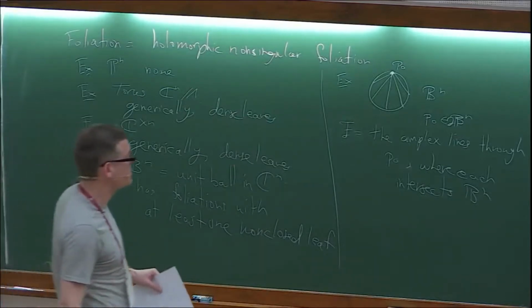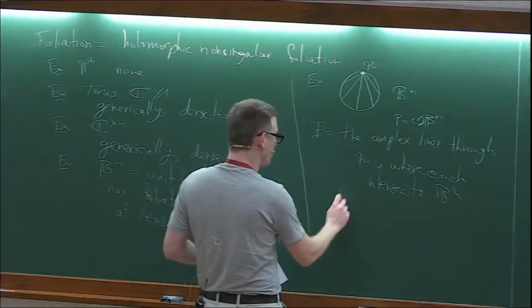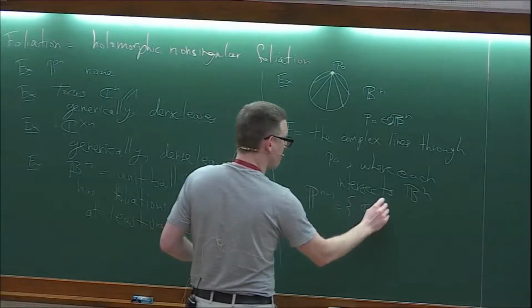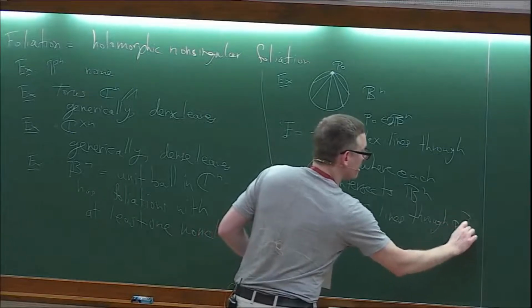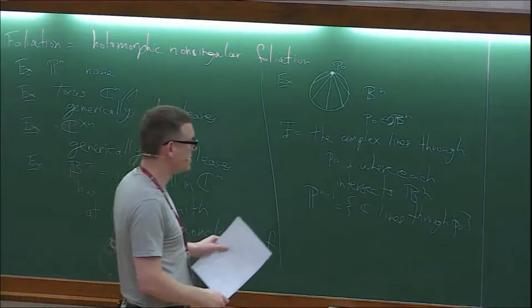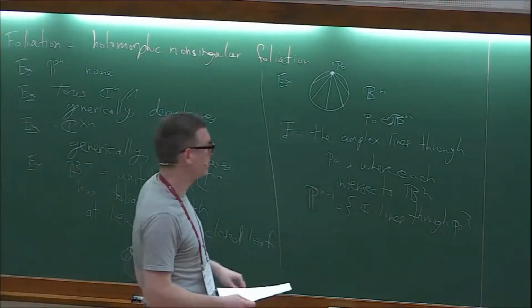And it's not hard to figure out what's the leaf space. So what's the leaf space? So we know that Pn minus 1 is the set of all complex lines through P naught. The leaves could be any dimension, actually, in this talk, as long as they aren't dimension 0 or codimension 0. Otherwise, it doesn't really matter what the leaf space is. But in this example, they have to be one-dimensional, because otherwise it really won't work.